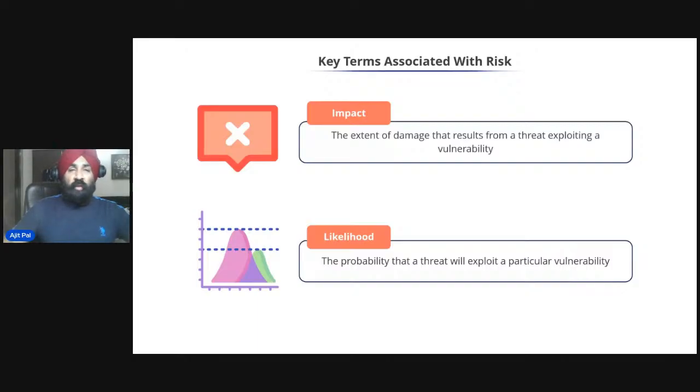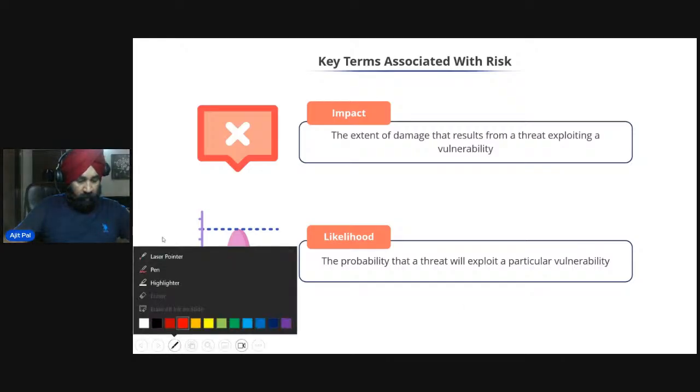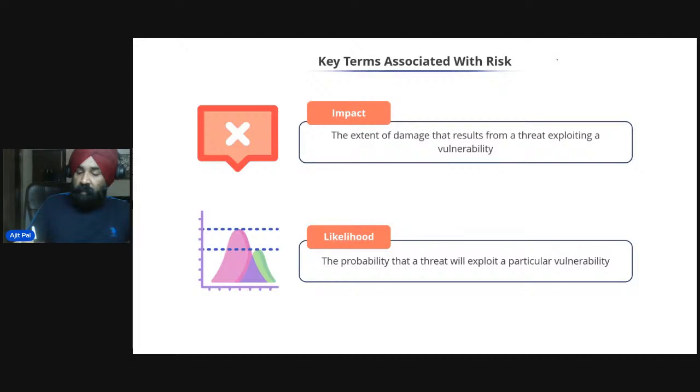So I did a risk assessment. This is my audio gear, and this is my pen tab. Whenever you calculate the risk, it is calculated in terms of likelihood into impact.